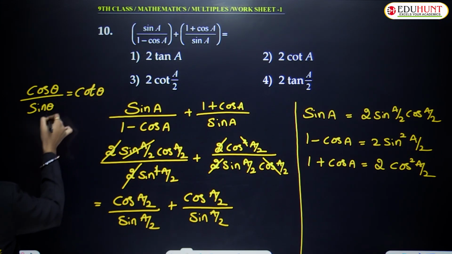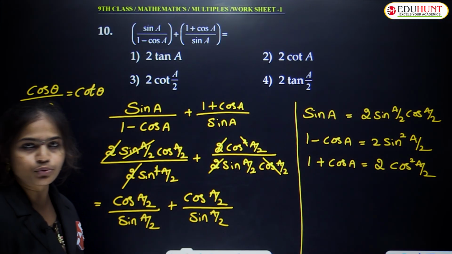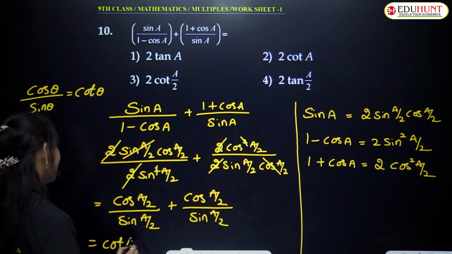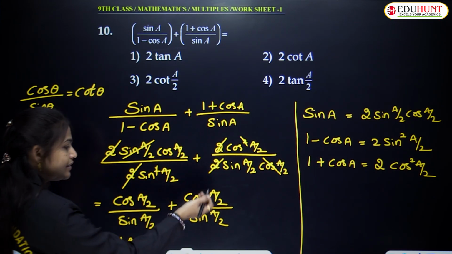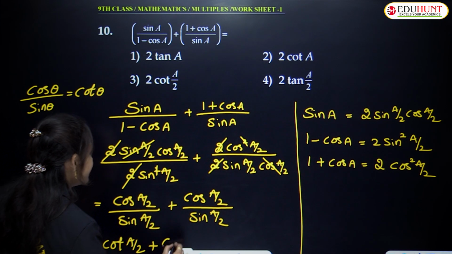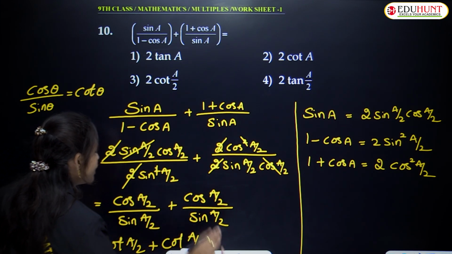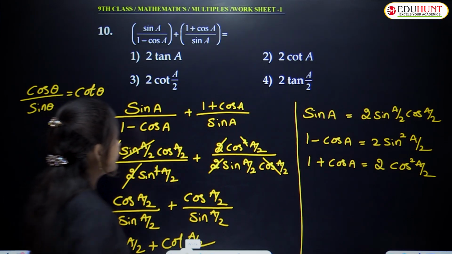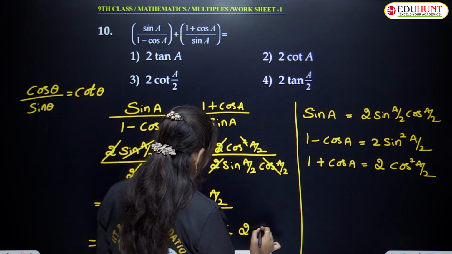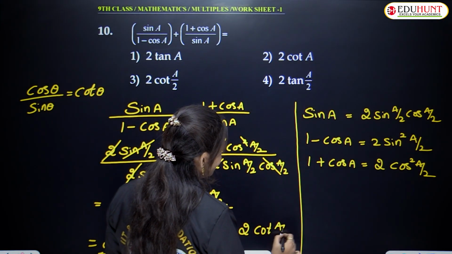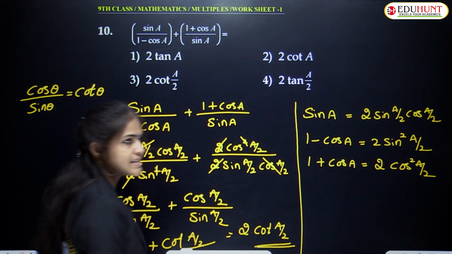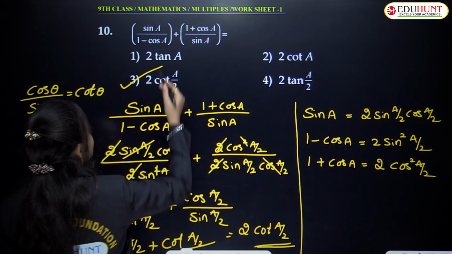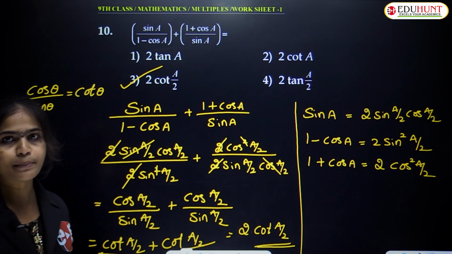In place of theta we have A by 2, so this is cot A by 2, plus this one is also cot A by 2. So cot A by 2 plus cot A by 2 gives 2 cot A by 2. This is the required answer. Which option is correct? Option 3, 2 cot A by 2.